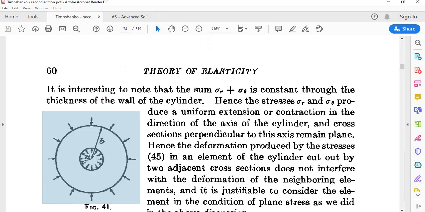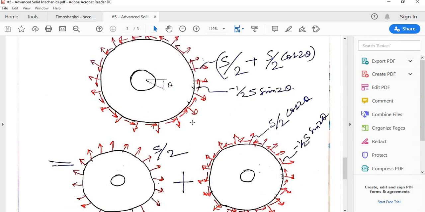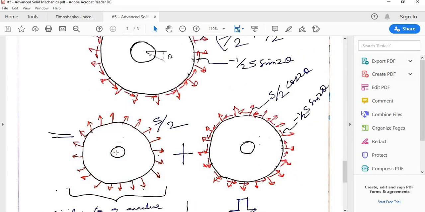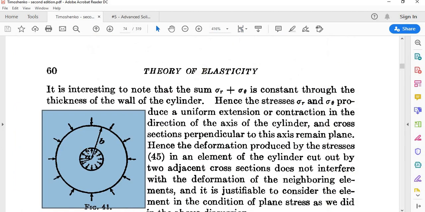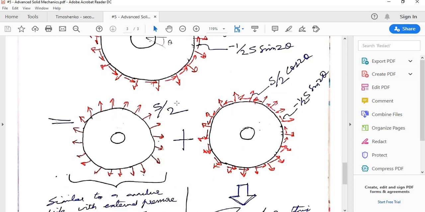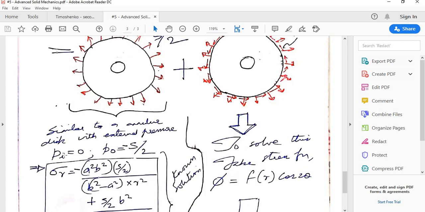When you apply this equation to this problem, internal pressure Pi is 0, and external pressure Po is minus S by 2, pressure or stress, however you call it.